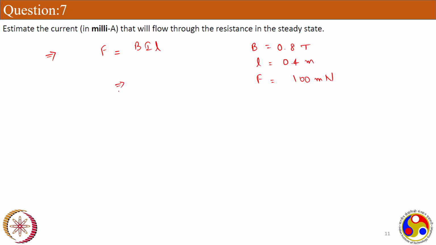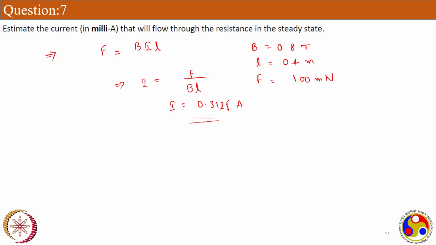So what's the current flowing? Current is equal to F by BL. So someone quickly calculate and tell me: 100 milli divided by 0.8 into 0.4, which is 0.3125 amp.